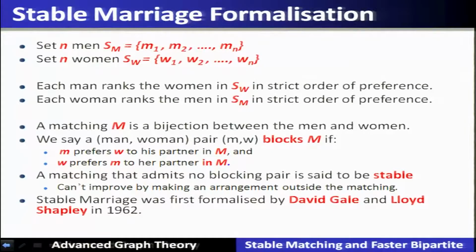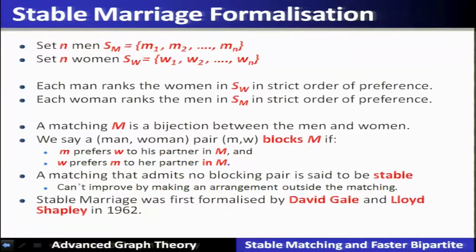Now, let us see more details about the stable marriage problem. Here we can see that each man ranks woman in the strict order of preferences. So, also woman ranks men in the strict order of preferences. The matching M is a bijection between man and woman.